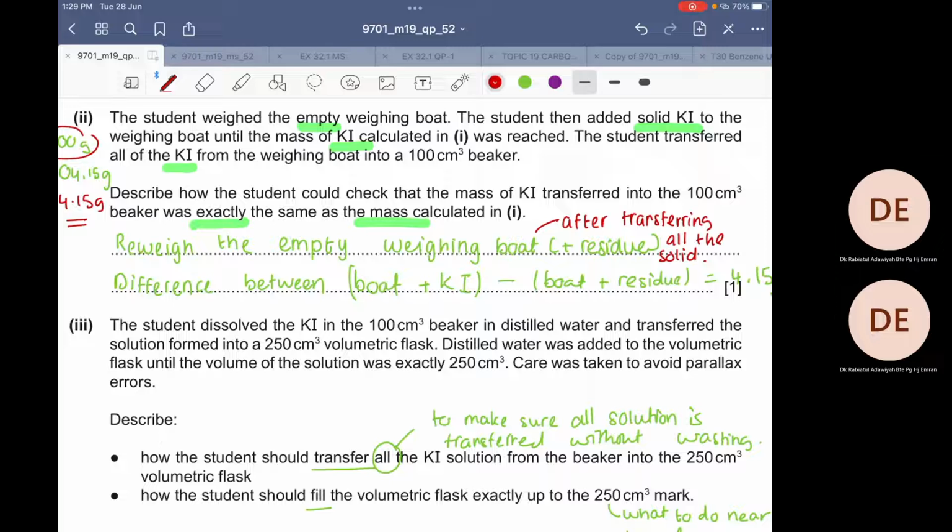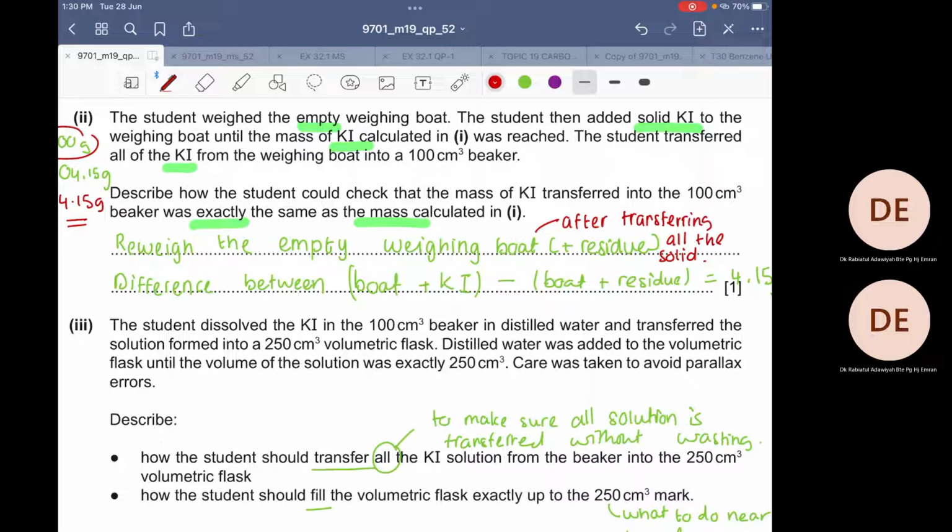Okay, now if you remember, you did this before where you would dissolve solid in a beaker using distilled water and then you transfer the solution, now it's a solution, using a filter funnel into the volumetric flask. Okay?